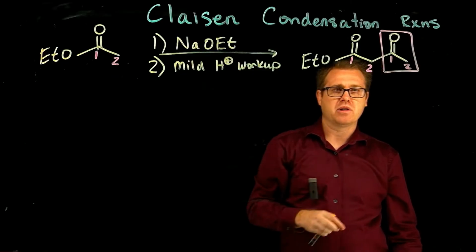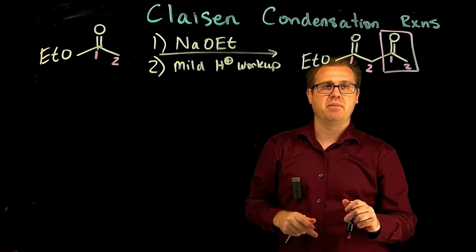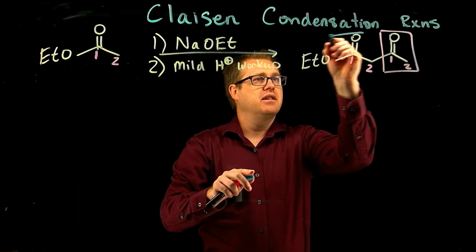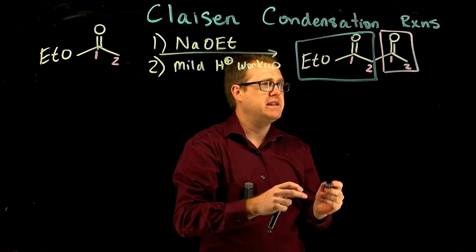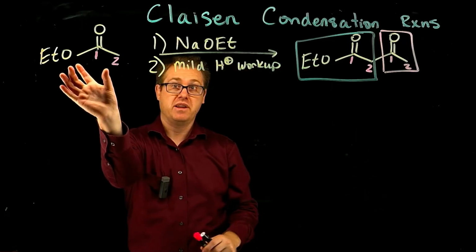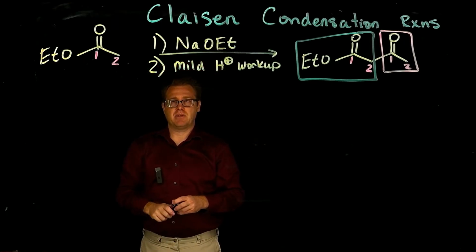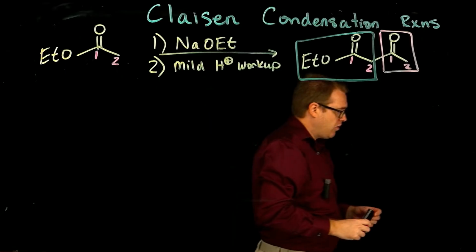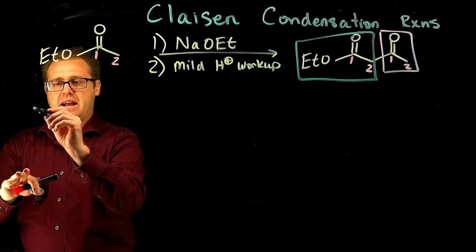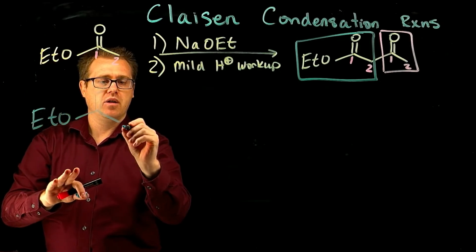So this will make a whole lot more sense when we look at the mechanism. Where are all these pieces coming from? So to just get started, you can see that there's 2 pieces right there. And those 2 pieces all come from this 1 piece. So when you do these types of reactions, when you look at the first part of the mechanism, what do we have here?